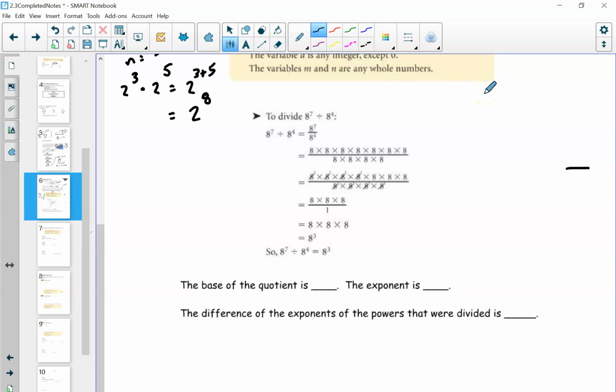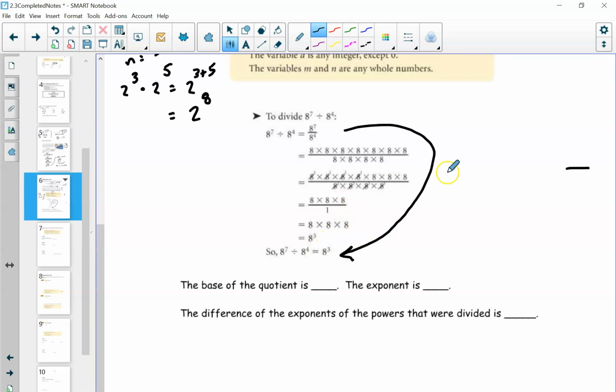So if we're going to divide 8 to the power of 7 by 8 to the power of 4, we can do all the math if we want, but instead of doing all this math, why don't we just skip the whole process and go from here to here in one step using subtraction? You can go through all this, and we know you can cancel from top to bottom and whatnot.